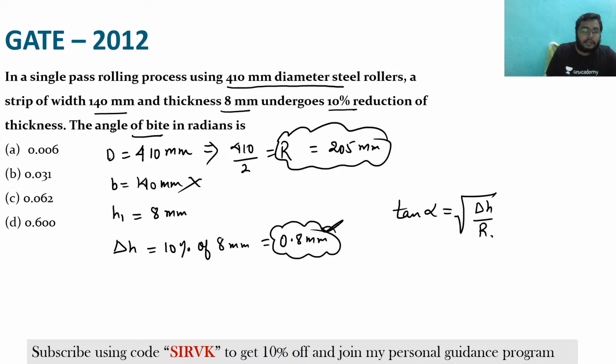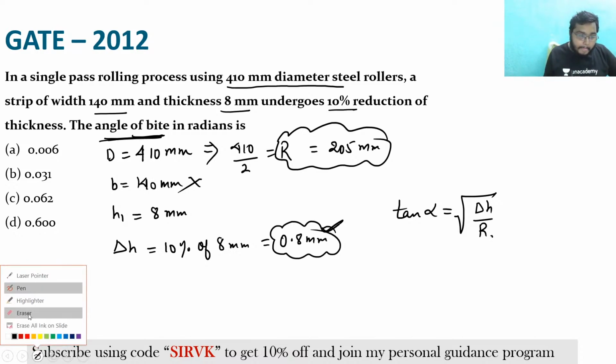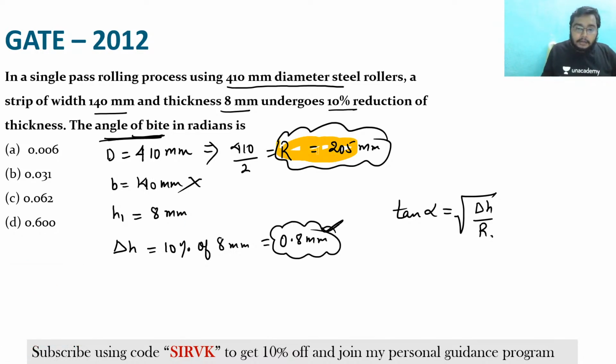Those who have not attempted this question, can you now find the angle of bite using these things? You know the R, you know the delta H, so everything is known in this equation. Now can you find alpha?